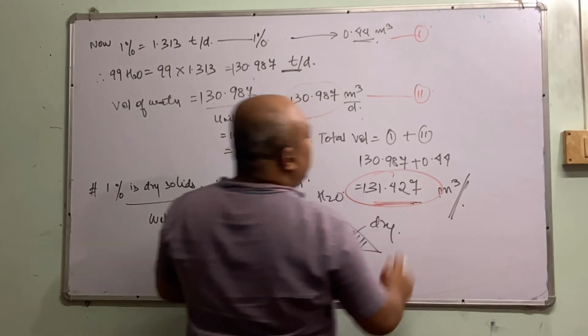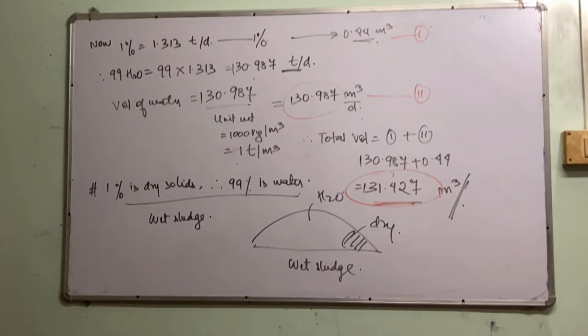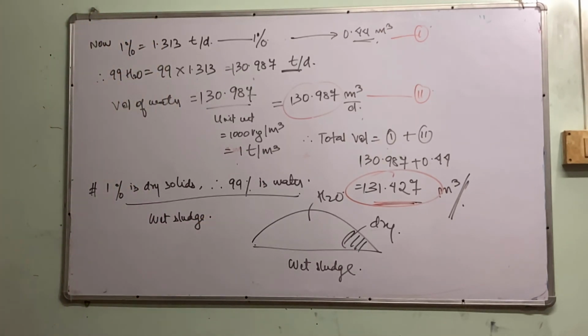So total volume that is produced by the alum and the suspended solids is equal to 131.427 meter cube. Fine.